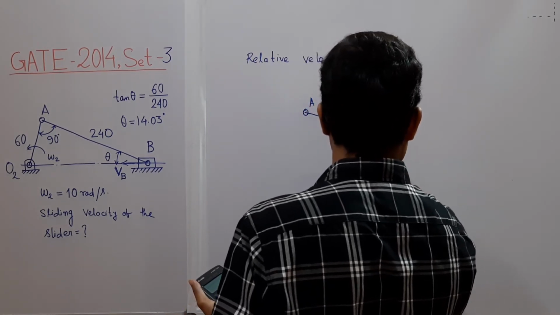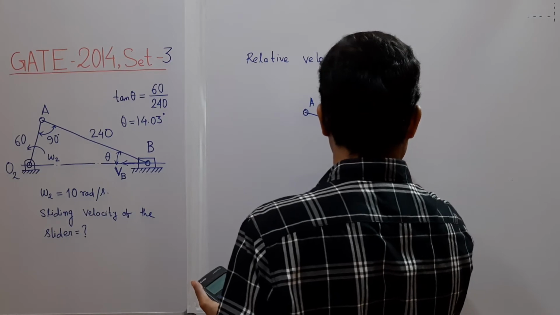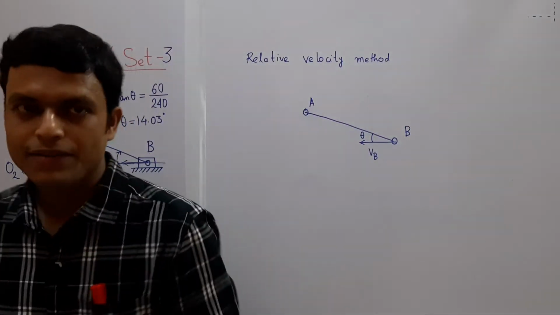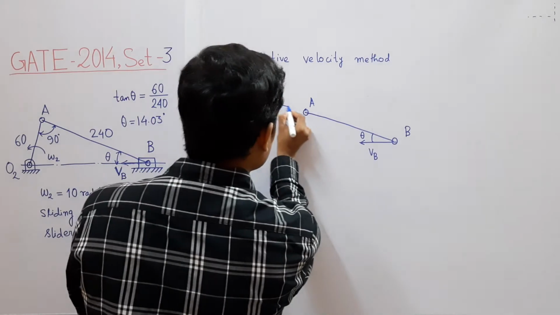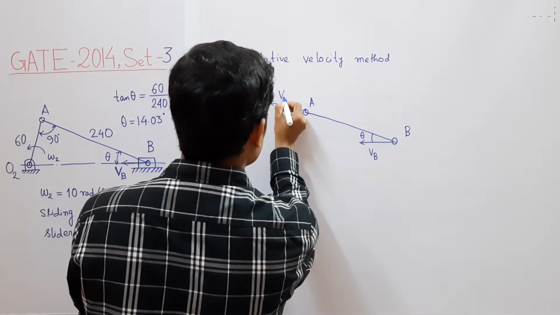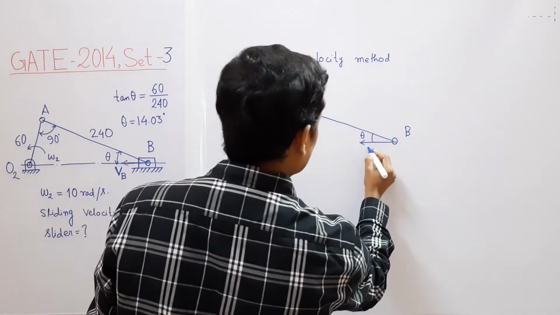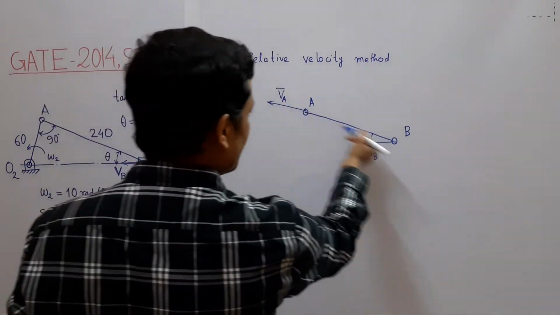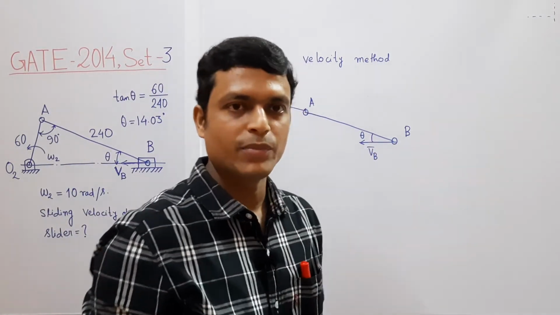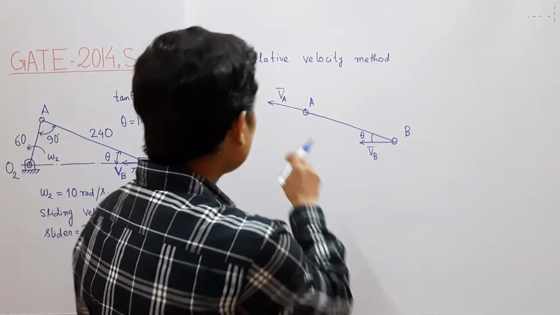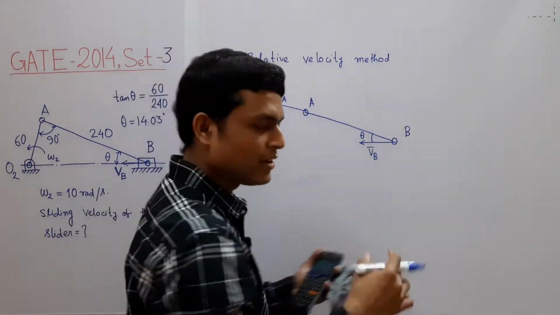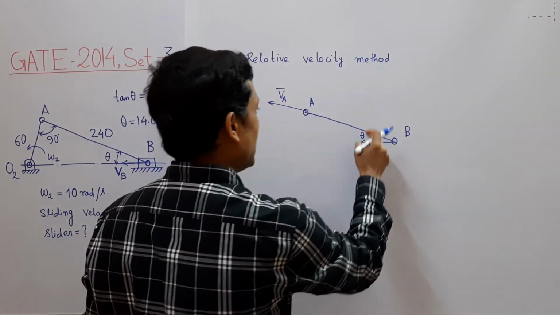VB is along horizontal direction, that is theta, and VA is along AB. Now what is the basic principle? That is component of VA along AB is equal with component of VB along AB.